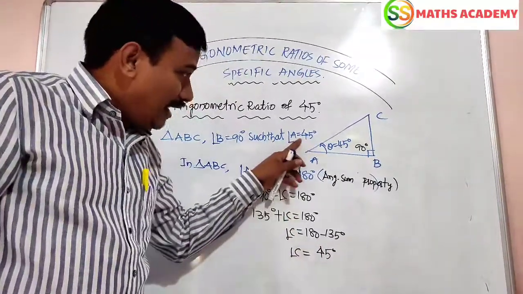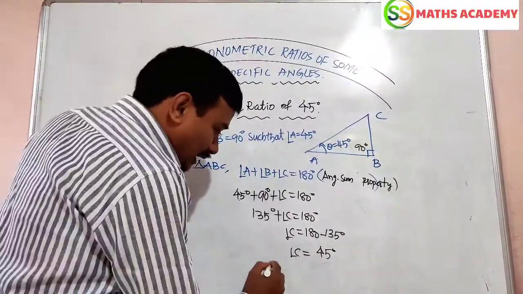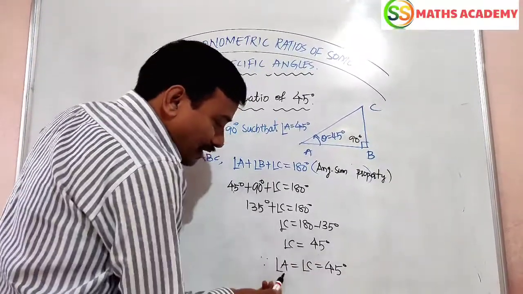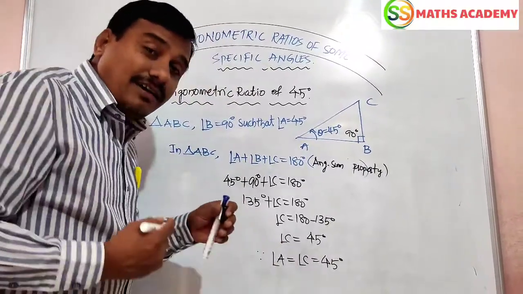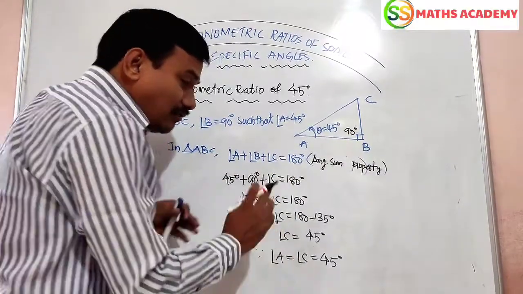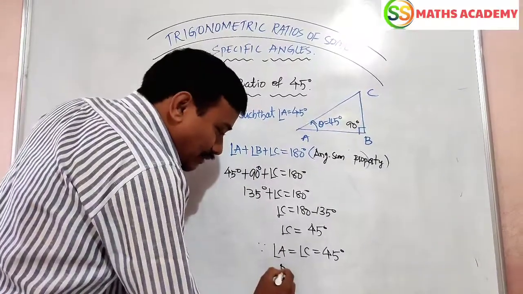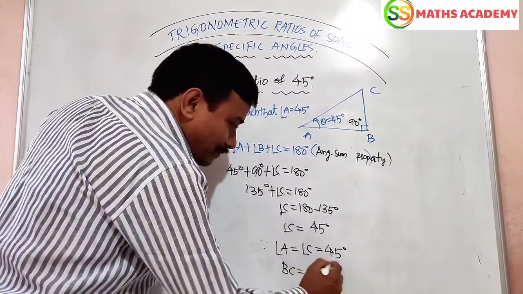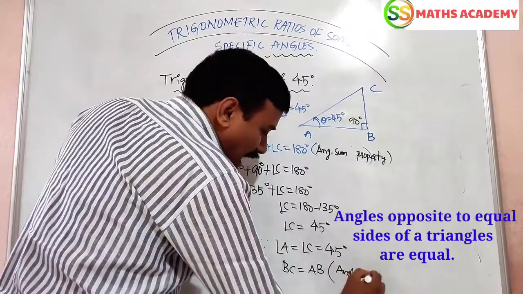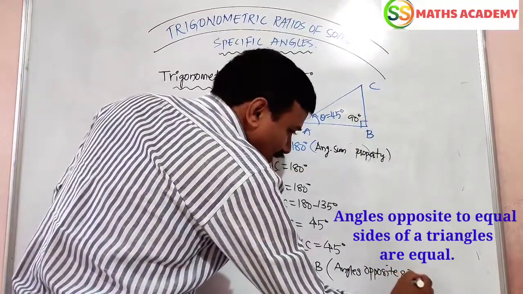Angle A equals 45 and angle C also equals 45. Hence angle A equals angle C equals 45. When angles are equal, by the property, the sides opposite to equal angles are also equal. Means BC equals AB.